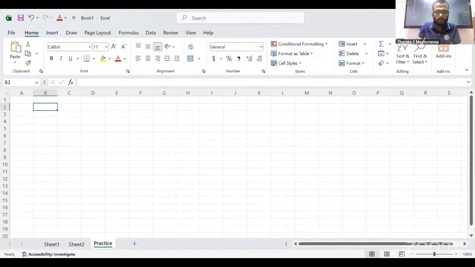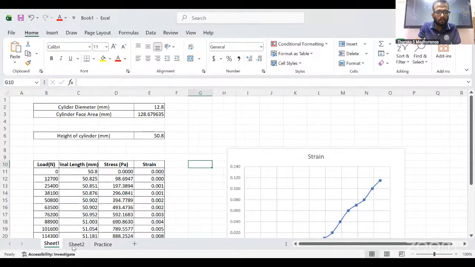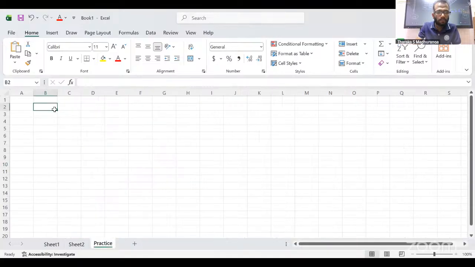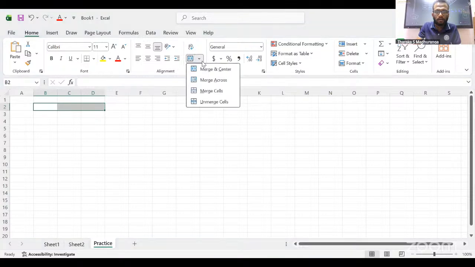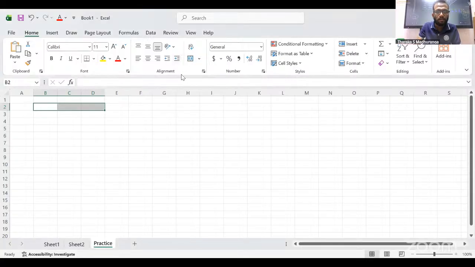Then here we have to add the name, right? What's the name? The string diameter. The merge and center; you have 4 options of merging, right? In the alignment section, you can find this merge tool.